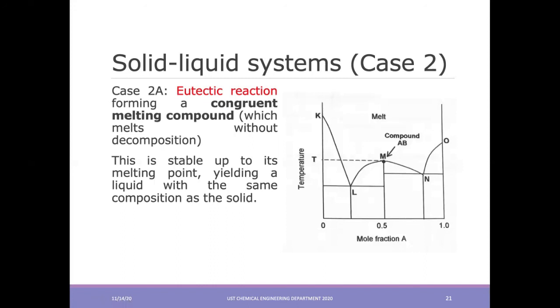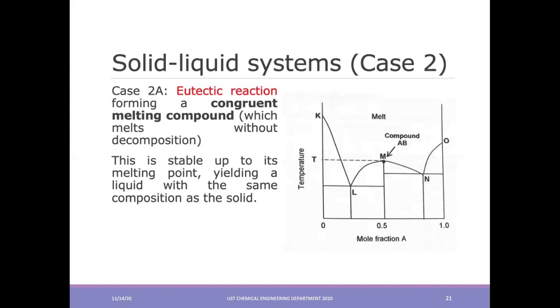Below the curve KL, this is composed of solid B and saturated solution of B. Below curve LM, this refers to AB and saturated solution of AB. Below curve MN, this is solid AB and a saturated solution of AB.